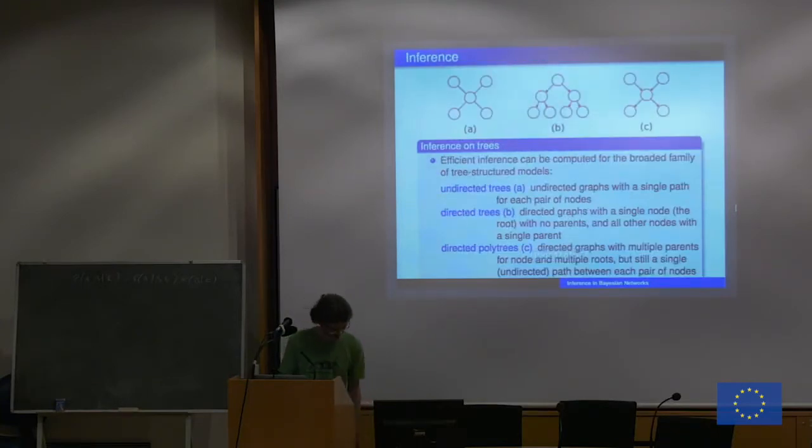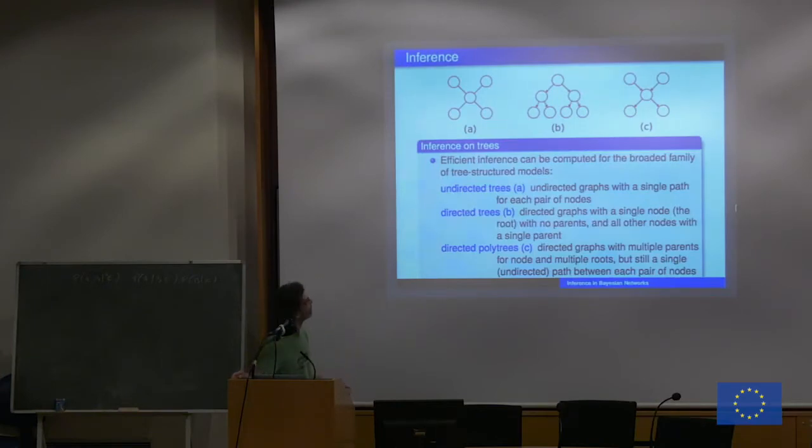Now, I talked about chains because they are a useful type of structure, and they are the simplest complex structure over which you can show efficient inference. This very similar process of message passing can be done efficiently and exactly on other types of structures, which after some processing end up being trees.